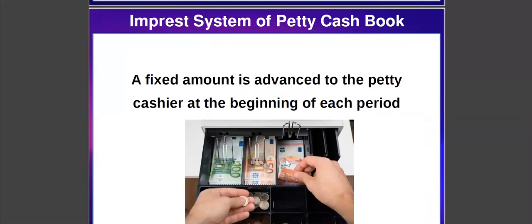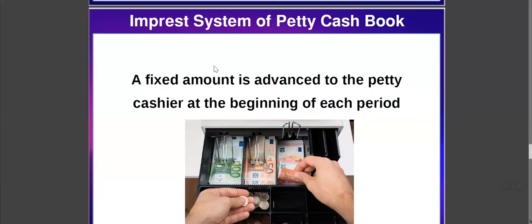See the picture; you can easily identify why the petty cash book is used here. See the coins and notes here, 10 rupees, 50 rupees, 100 rupees. For this purpose we use the petty cash book.